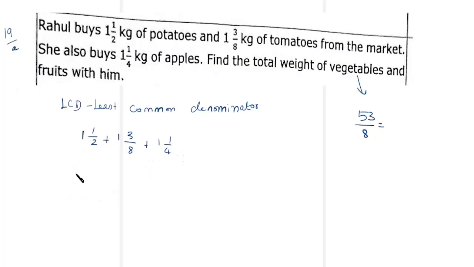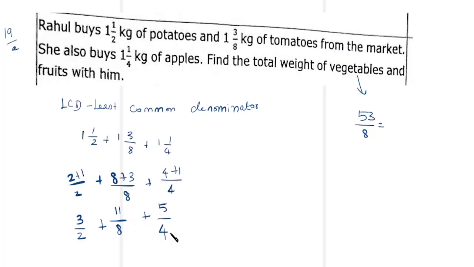Now we are going to convert into fraction format. To do this, we multiply 2 and 1 and then add 1. So 2 plus 1 by 2, the next is 8 plus 3 by 8, and 4 plus 1 by 4. The result is 3 by 2 plus 11 by 8 plus 5 by 4.